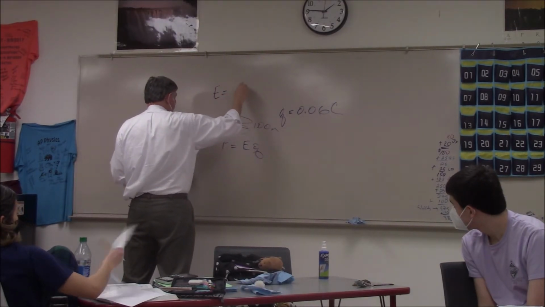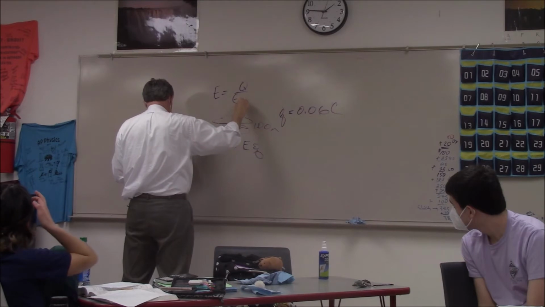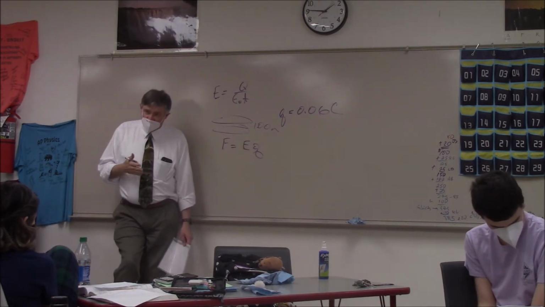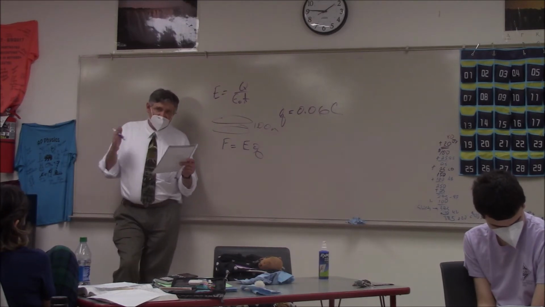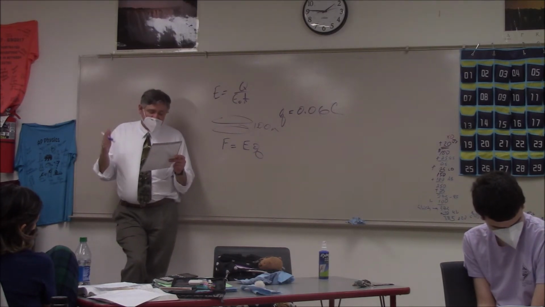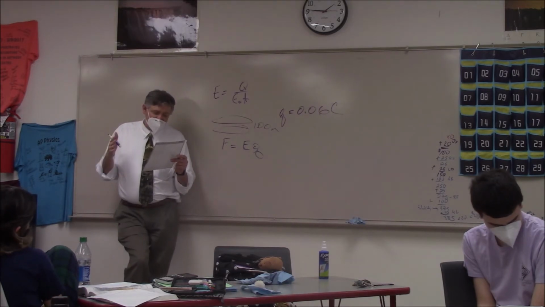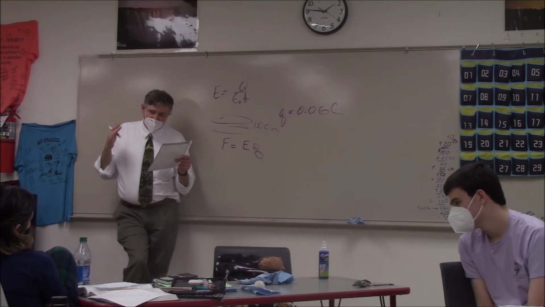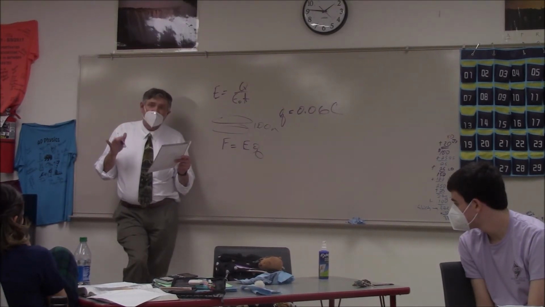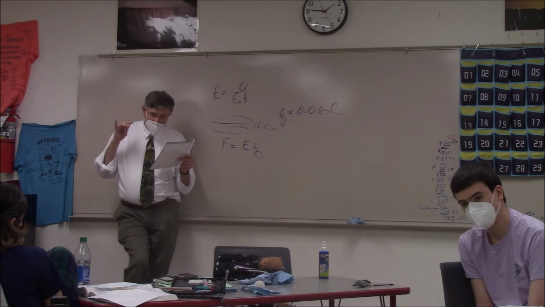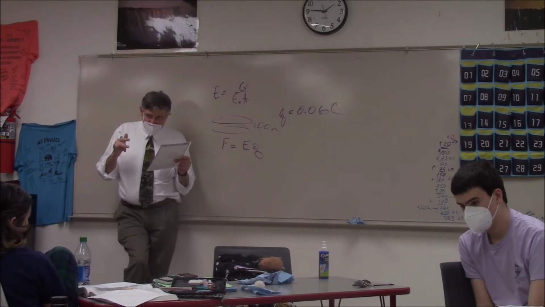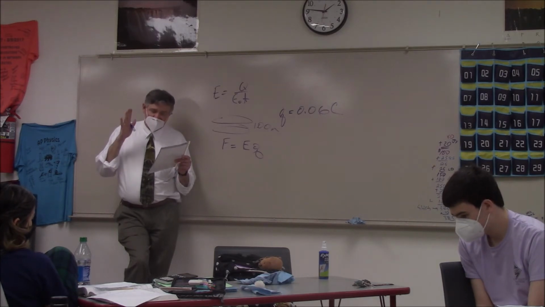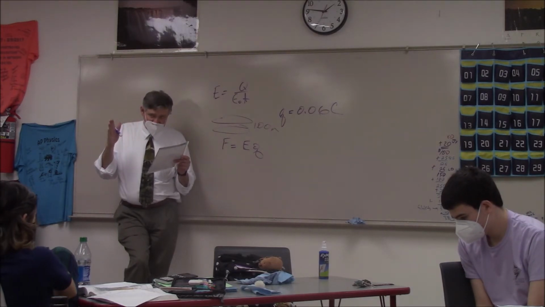So you've got Q over epsilon naught A. Pay attention to the units, because if 60A is wrong, everything else is going to be wrong. Your answer to 60A should be something times 10 to the 6th newtons per coulomb for that electric field. Pay attention to the units and how you calculate that area.